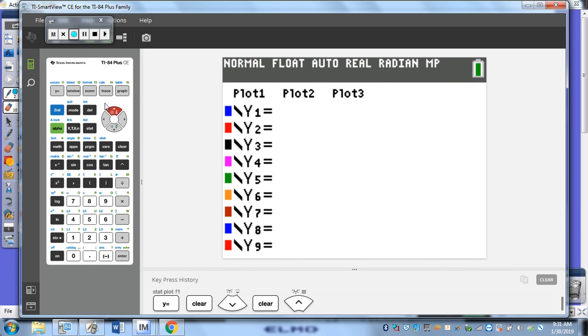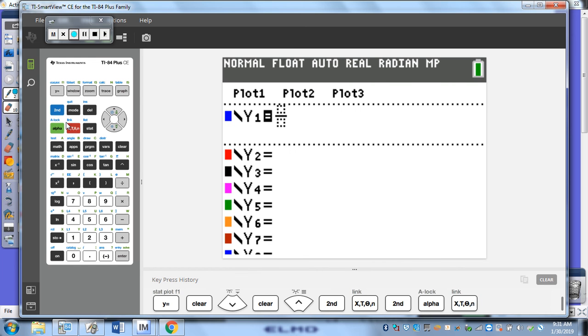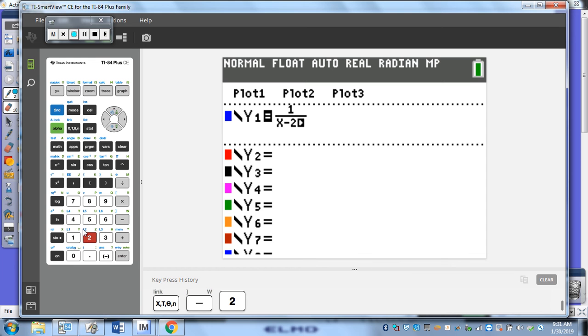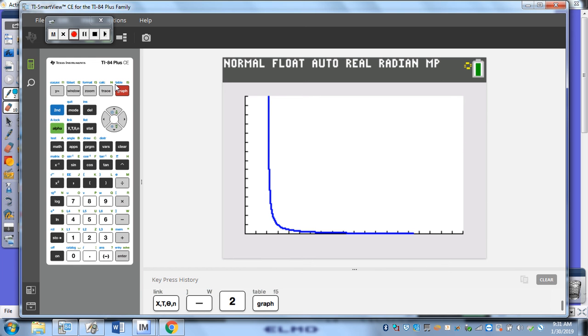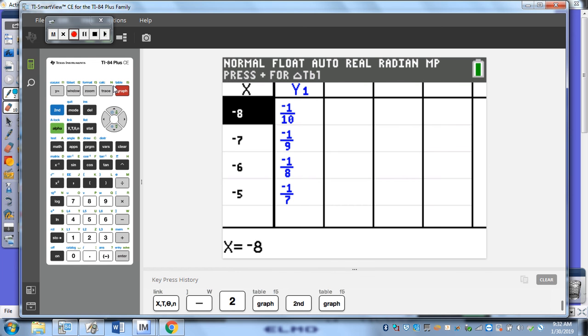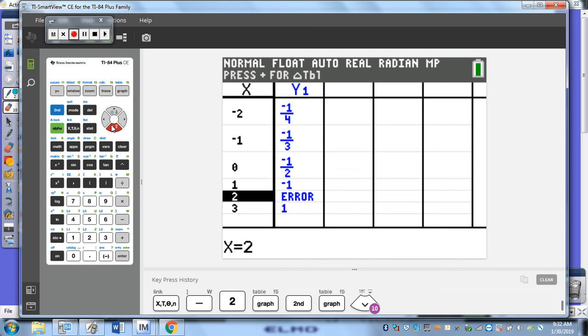So I got 1 over x minus 2. So there's my graph. We look at our table. I'm going to go to where x is 2. There it is.